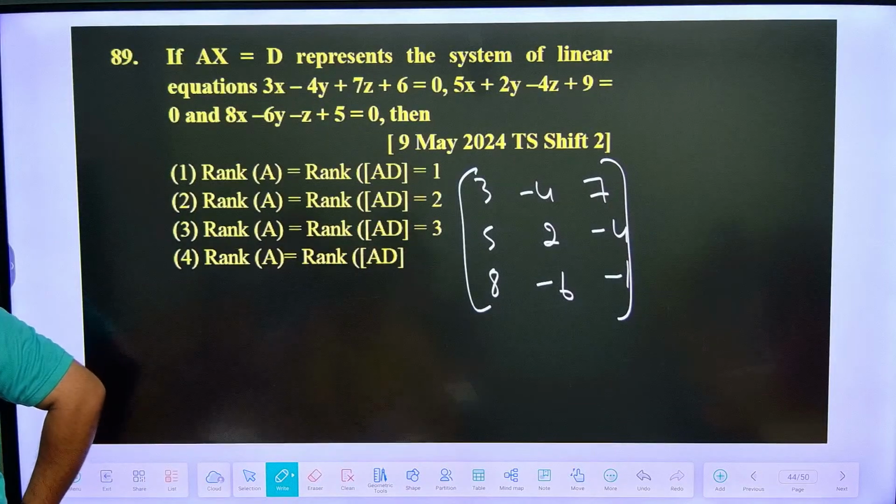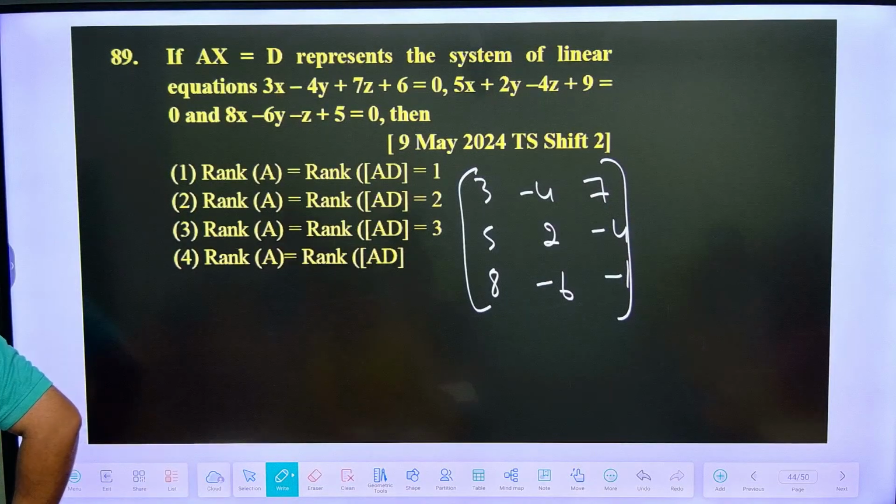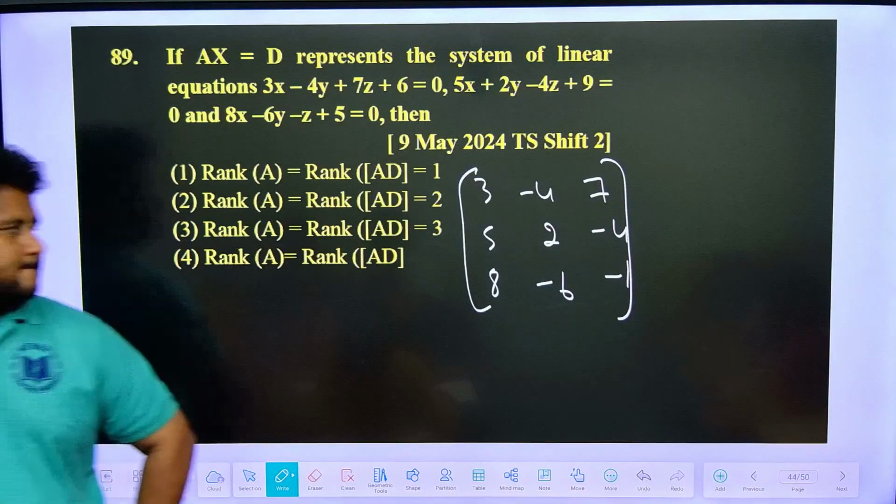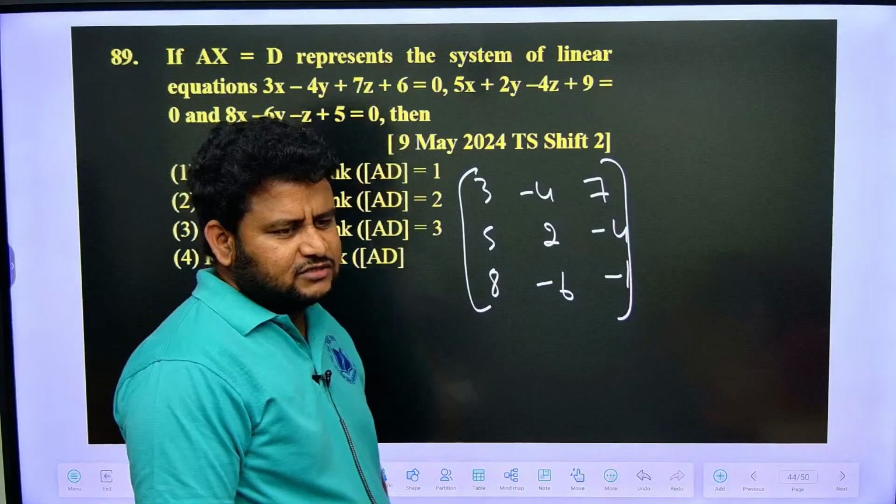I am solving, you people are just seeing. What will you get? Is it equal to 0 or not equal to 0?